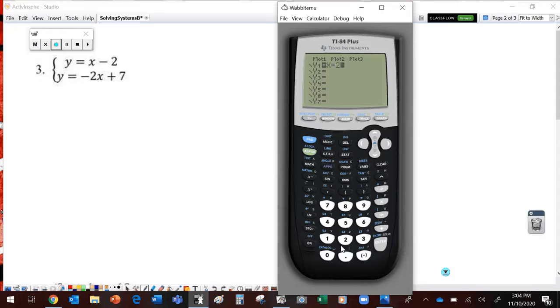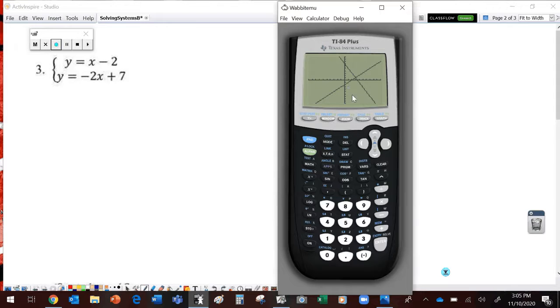Okay, hit enter. And then your second equation, type negative 2x plus 7. Now it has both of these functions, and it'll put them both on the same graph. So there's another button up here that says graph. Okay, and you can see it'll graph both of those functions.